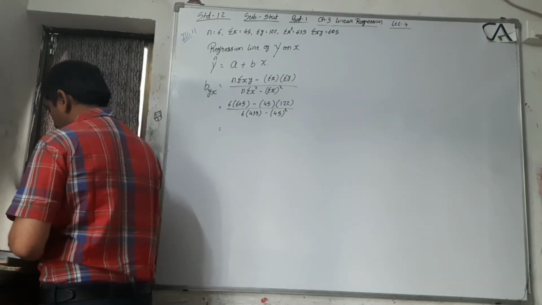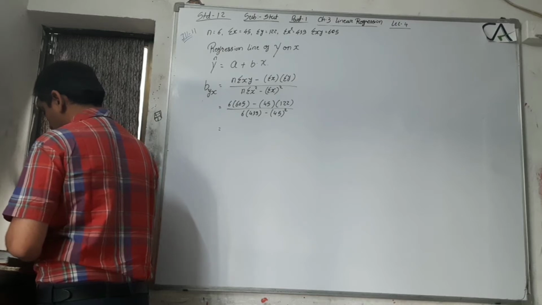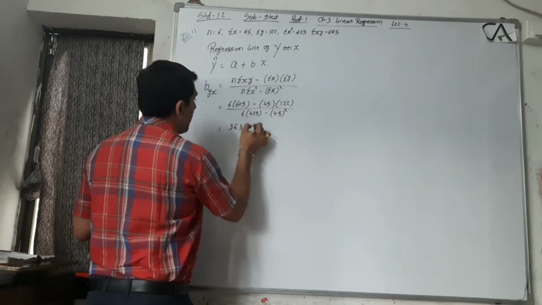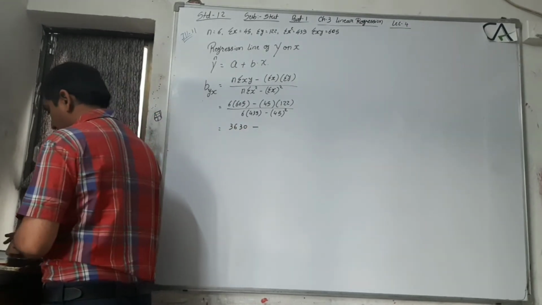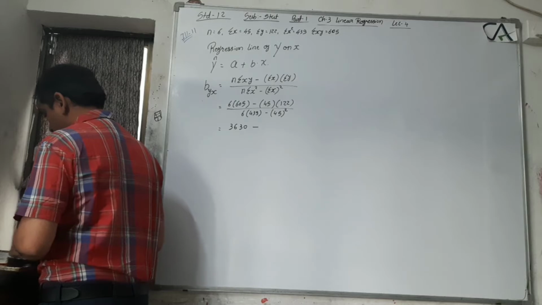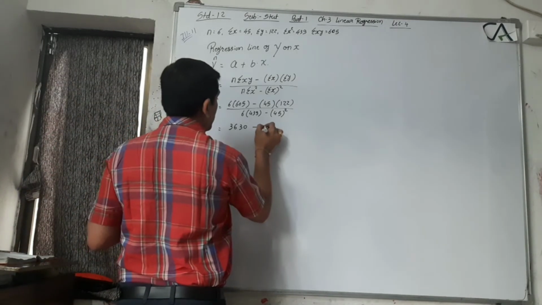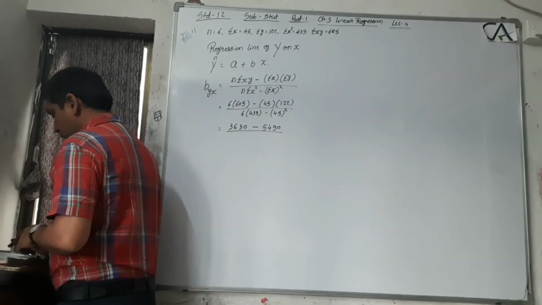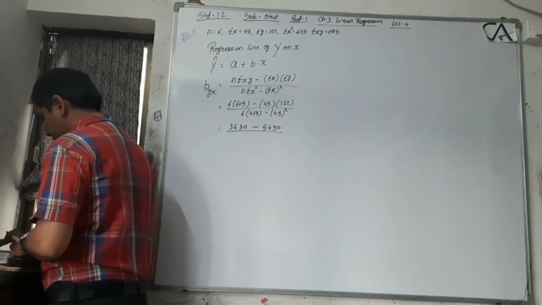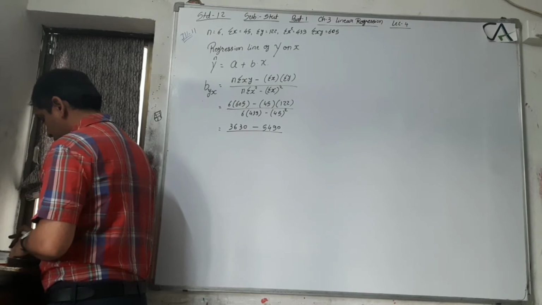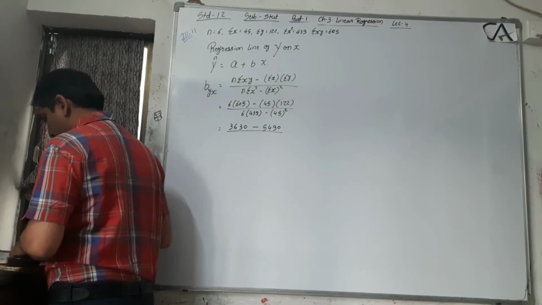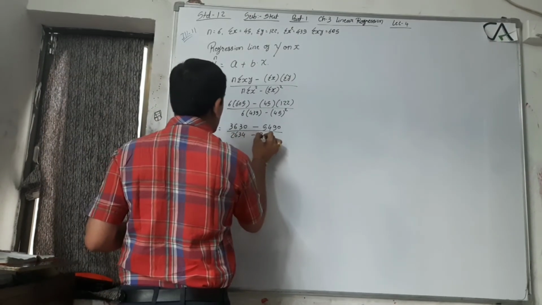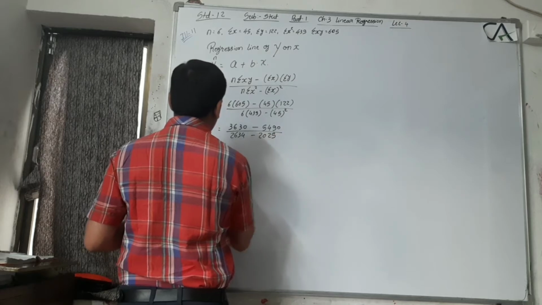6 into 605, that is 3630, minus 45 into 122, that is 5490, divided by 6 into 439, that is 2634, minus 2025, 45 square.